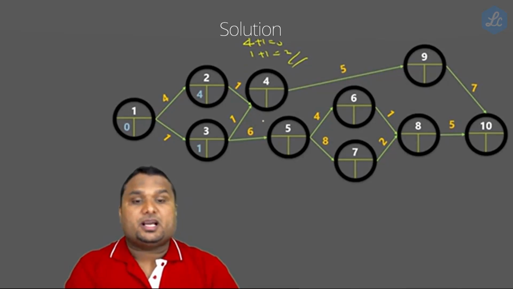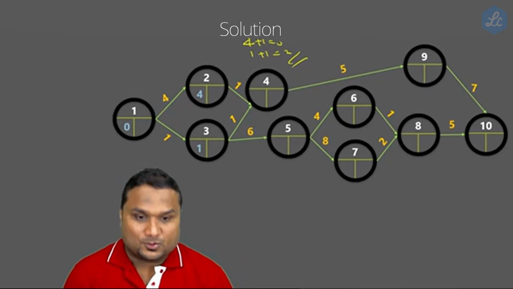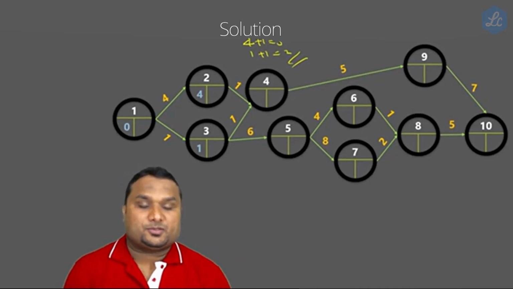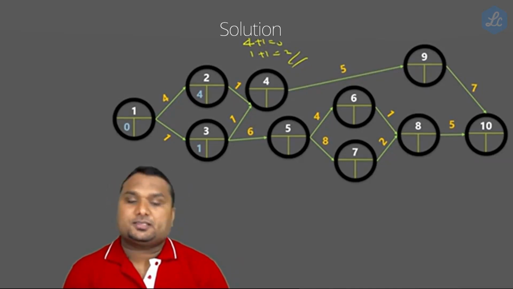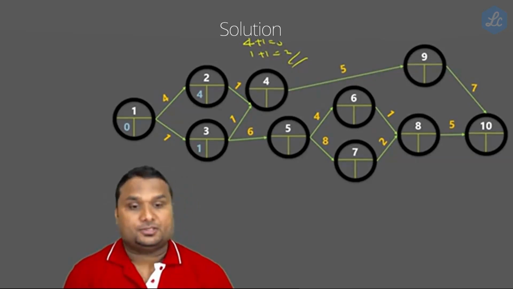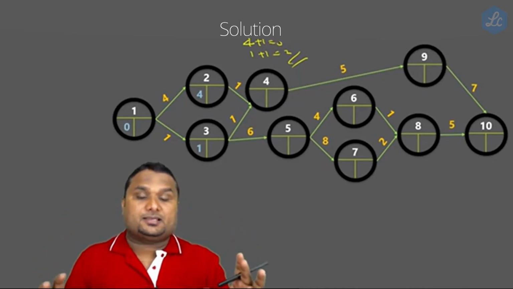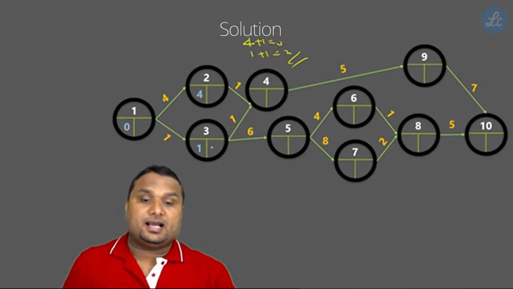So which do we have to take: 5, or 2, or the average of these, 5 plus 2 divided by 2? Any idea? Now listen, the logic is that activity 4 can be started only after finishing this and this.